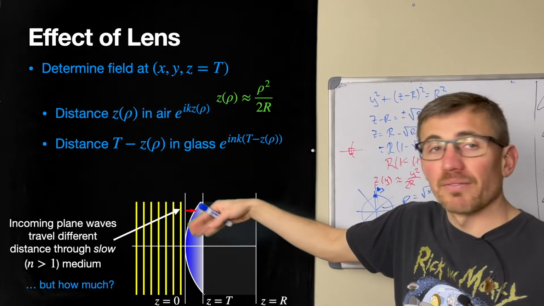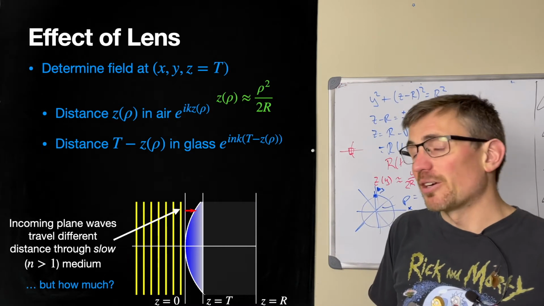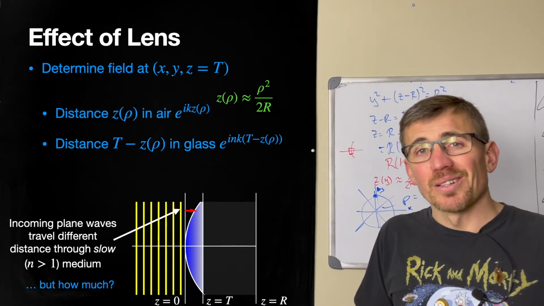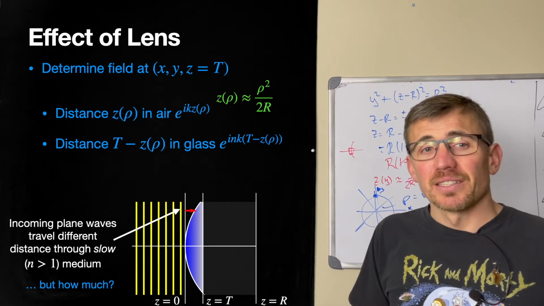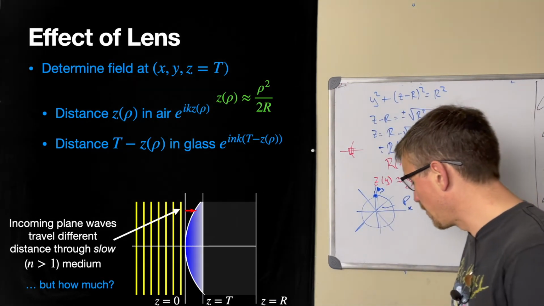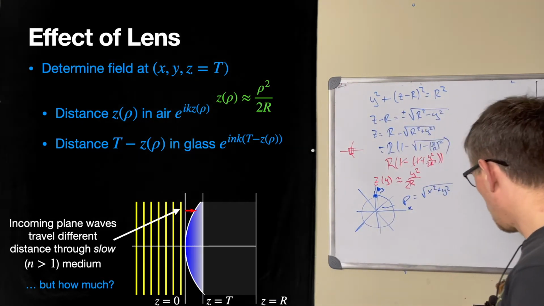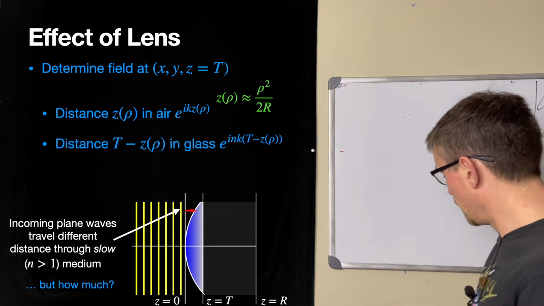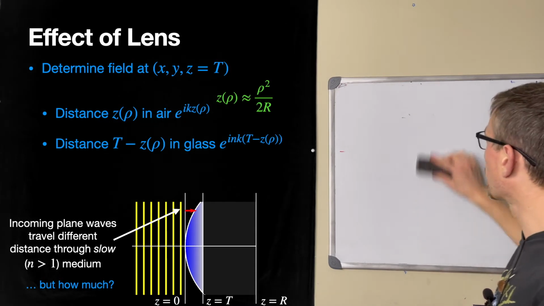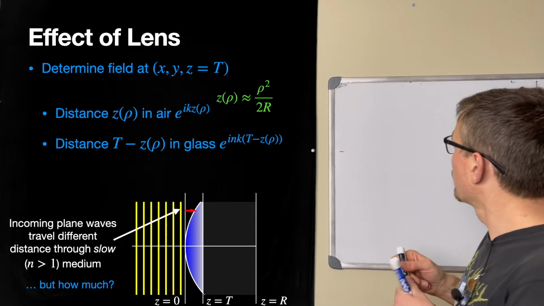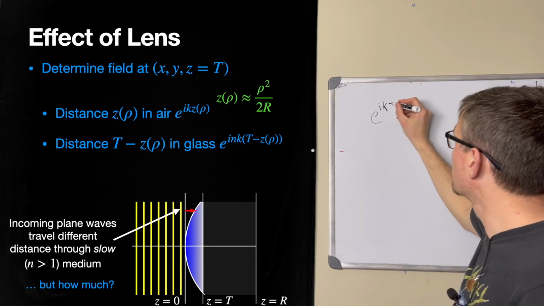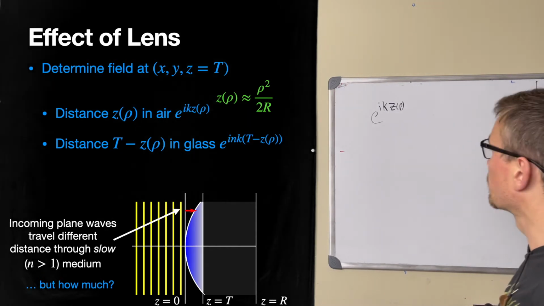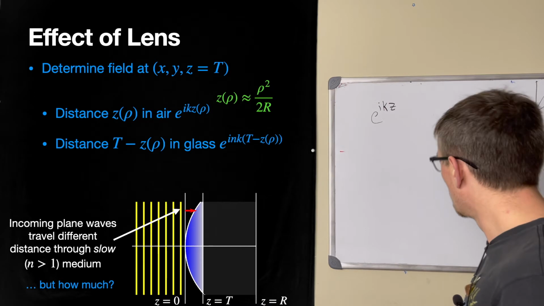And remember, we have the formula for z now in our paraxial approximation. It's approximately equal to rho squared over 2r. Okay, so we can actually solve for this. Let's work out the math. At a given height z, we've acquired a phase. We have the air part, k times z, and this is going to get cumbersome, so let's just call it z for now.